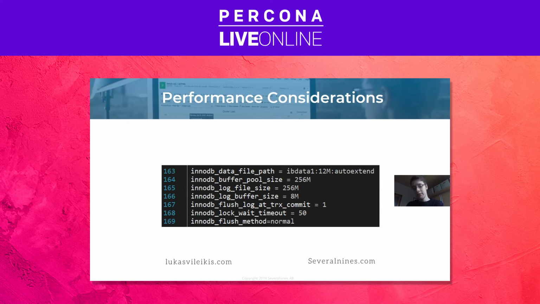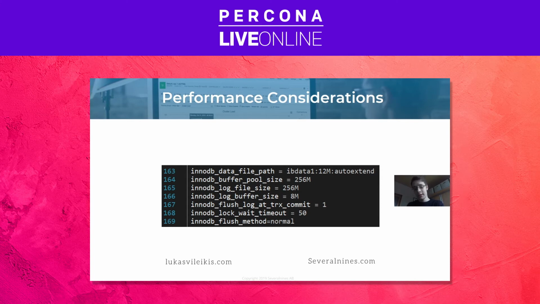For example, if you have 16 gigabytes of RAM on your server, you might want to set the InnoDB buffer pool size to 4 gigabytes or even more, because it's recommended to set this to about 60 to 80% of available RAM. Obviously, also keep in mind that you have to make space for other processes that might run in the operating system.